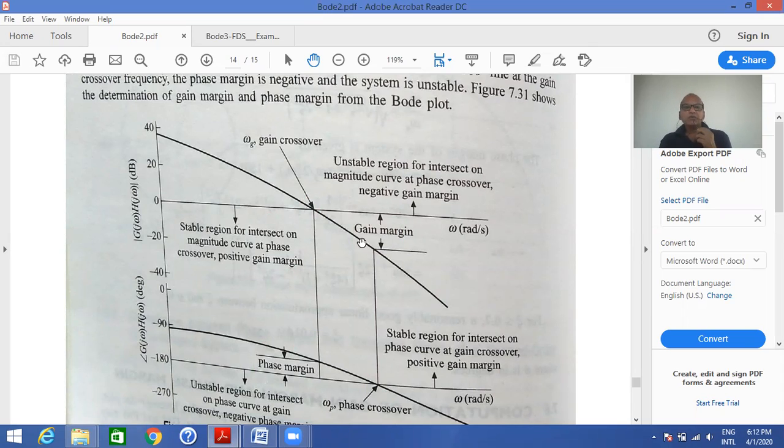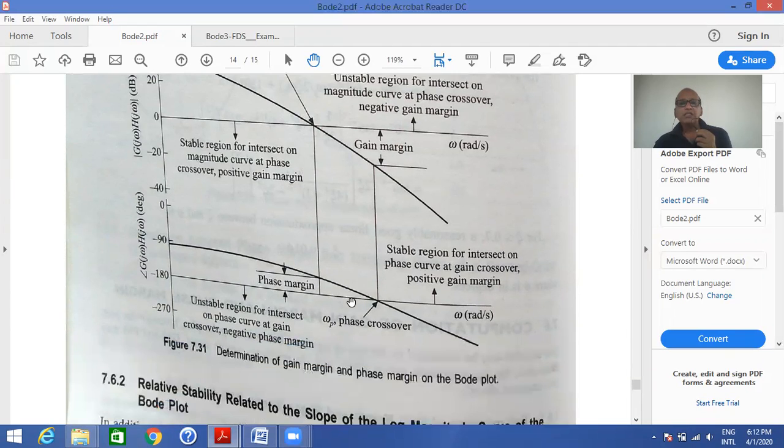That is, the gain crossover frequency line downward, and the phase crossover frequency line upward. Measure the gain margin and phase margin and check whether they are positive or negative. If positive, the system is said to be stable.